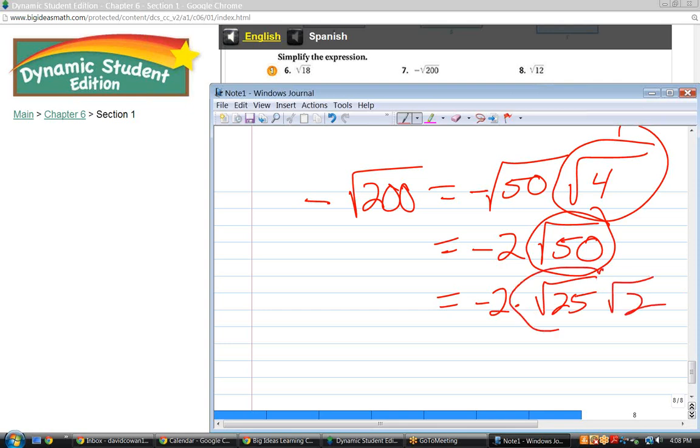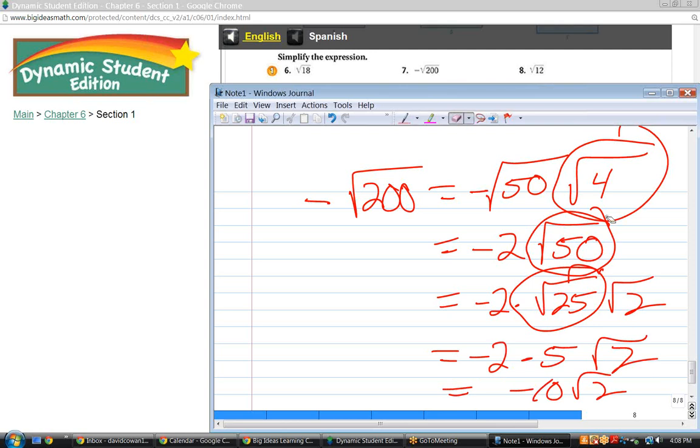And root 25 is a perfect square. So now I have minus 2 times 5 times root 2, or minus 10 root 2. In other words, if I'm not perfect on my first attempt, it doesn't matter. As long as I have a perfect square in there, I can keep whittling it down so that I eventually get to the final answer.